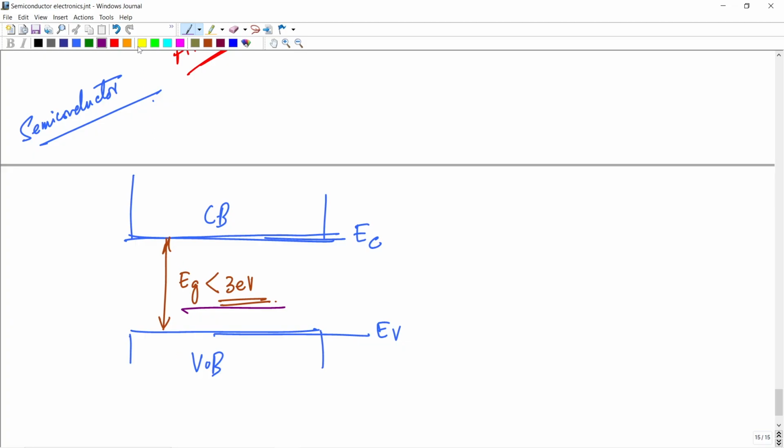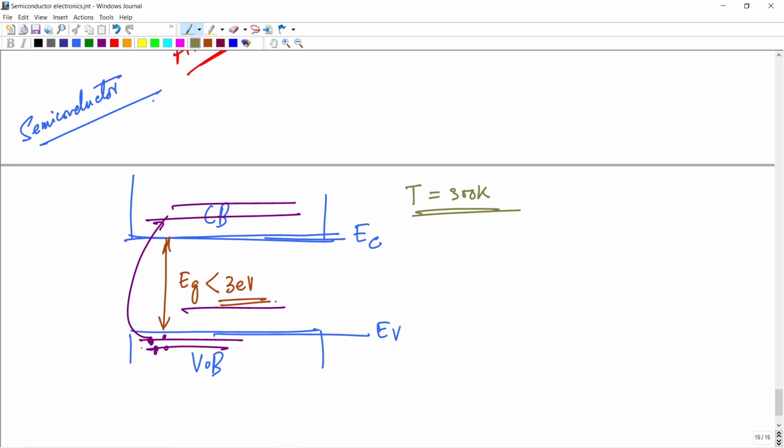So electrons can jump from the valence band as an energy state to the conduction band. At room temperature, which means 300 Kelvin, electrons easily jump from the valence band to the conduction band, and we get some current.